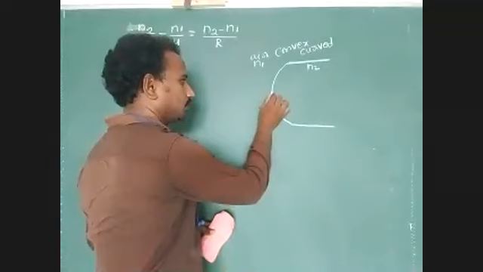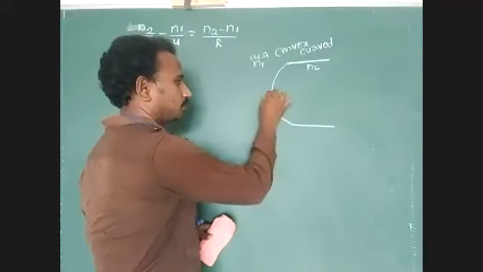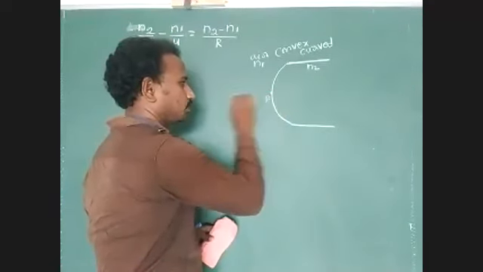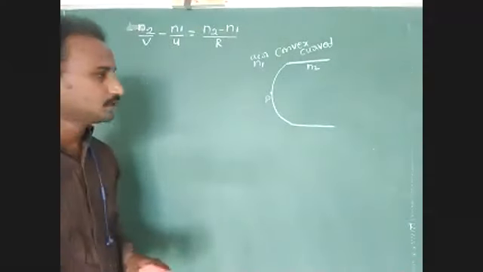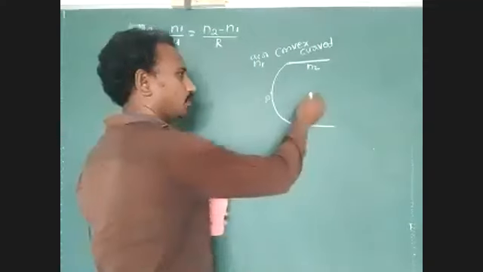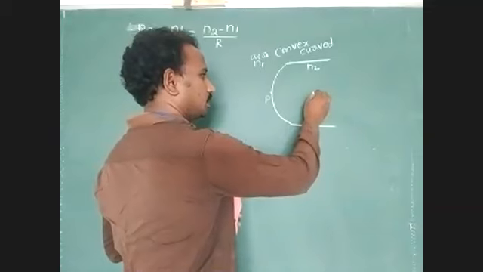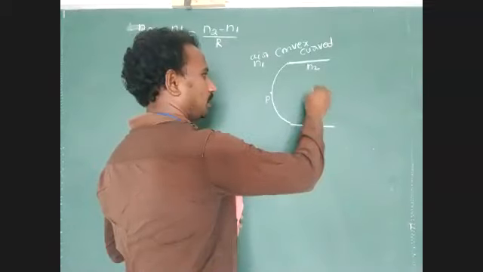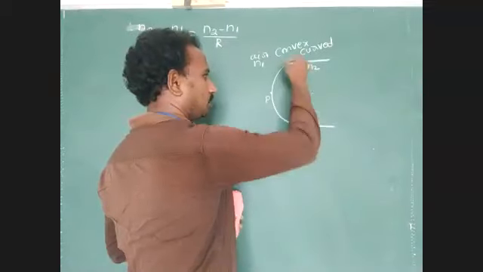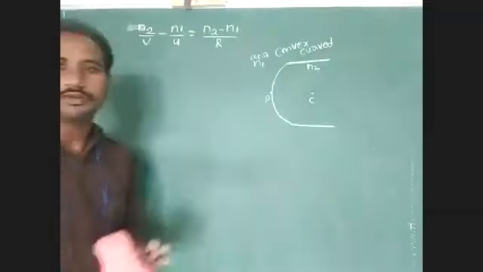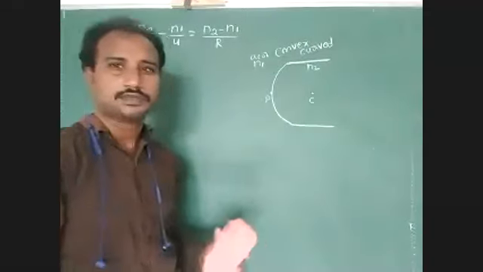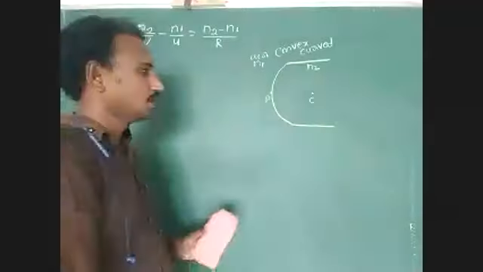The midpoint of this curved surface is the pole. Now we have to find the center of the curved surface. The center of the curved surface is called the center of curvature.